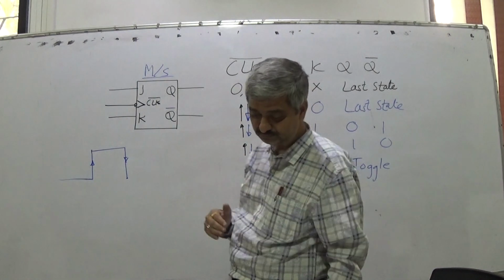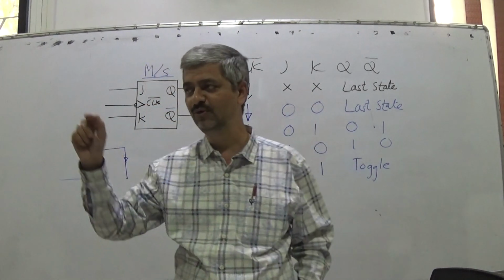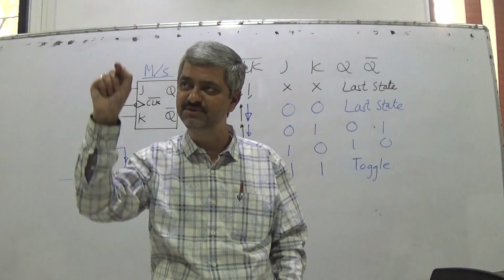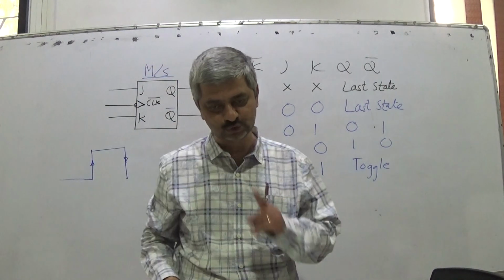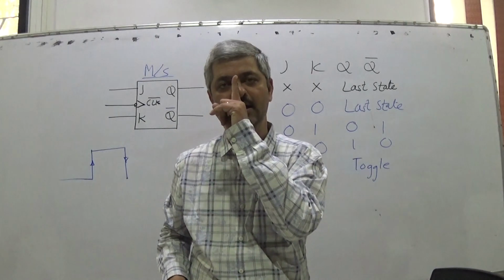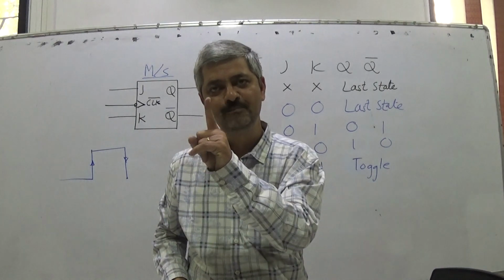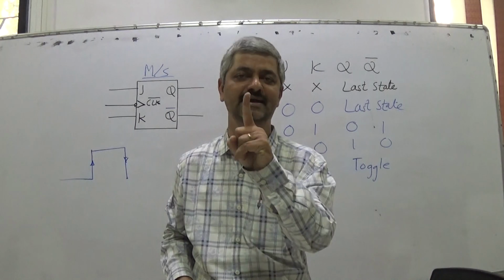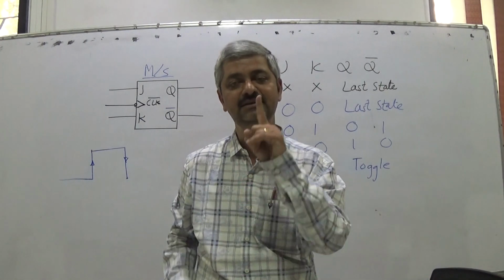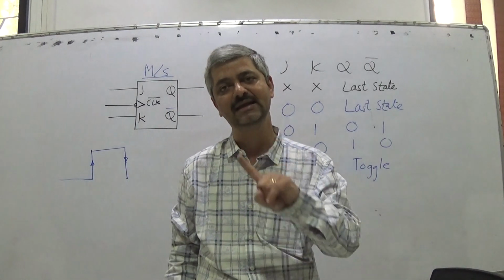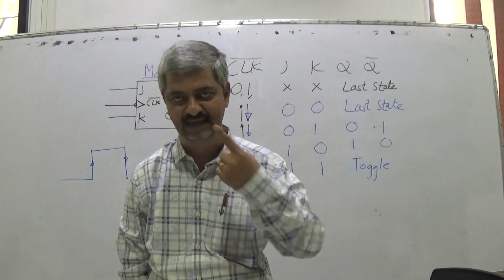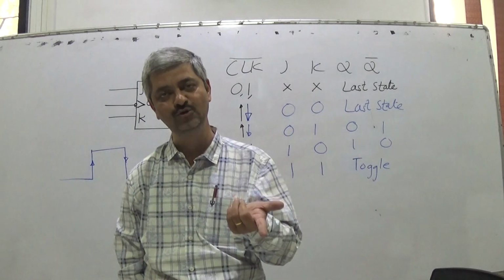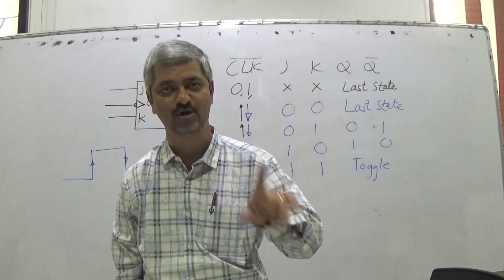Now in this scenario, when a pulse comes, clock goes high and then goes low. So a rising edge followed by a falling edge. The inputs J and K are checked by the flip-flop at the time of the rising edge, and the outputs are delivered at the time of the falling edge.